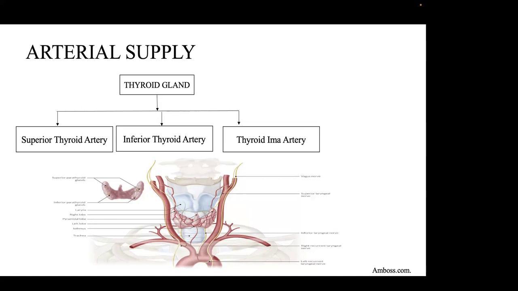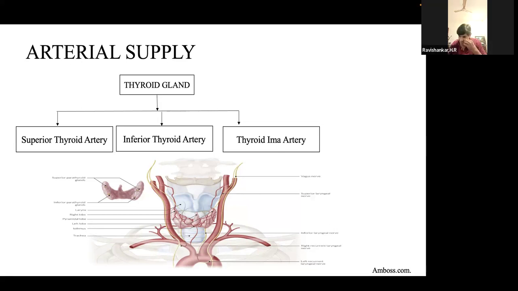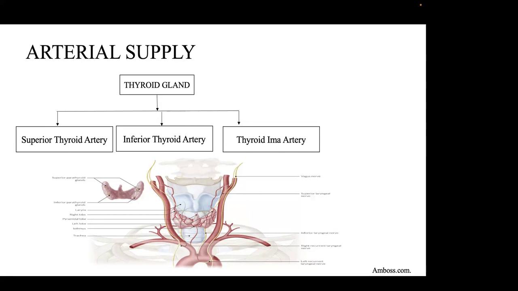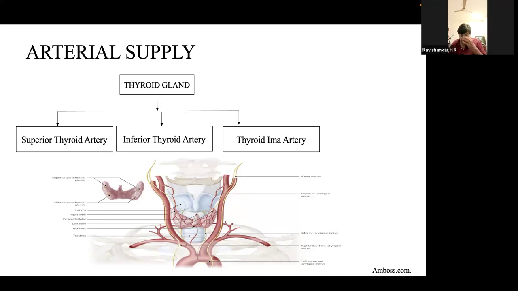Not I think. You have to definitely know. Third and fourth, sir. Which is third, which is fourth? Opposite, sir. The superior are fourth and inferior are third, sir. Correct. And all of them are supplied by the inferior thyroid artery. So it is not superior thyroid artery.